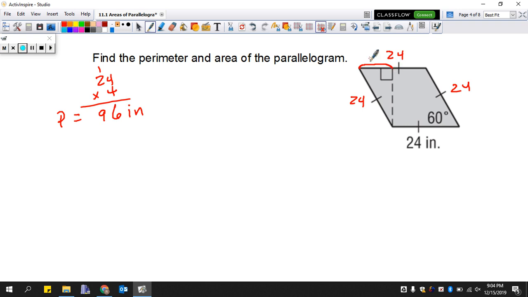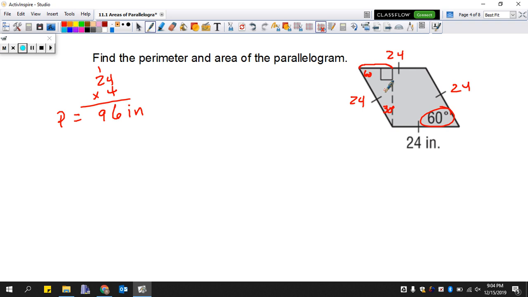We're not given the length of that side, but we are given this 60-degree angle. So that means this down here is a 60-degree angle. We have a 90-degree angle here, and that means this is a 30-degree angle, which is a special triangle that we haven't learned about yet, called a 30-60-90 triangle.